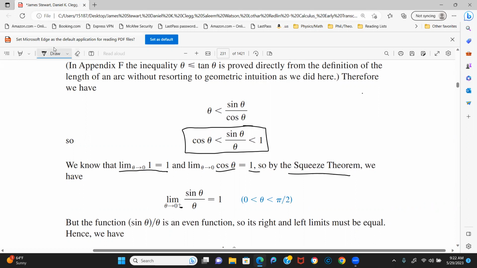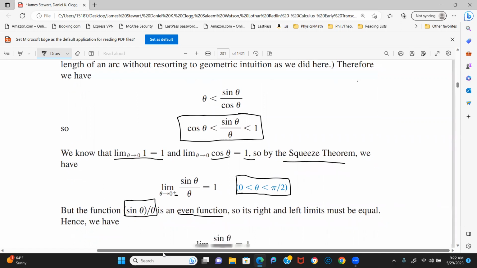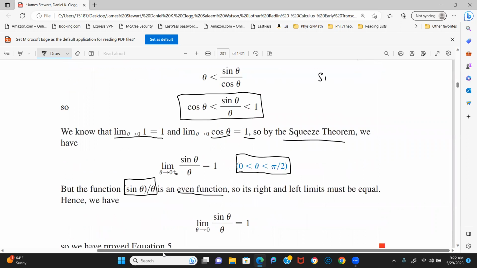And the reason why it's a right-hand limit is because remember, we assumed that x is between 0 and pi over 2, but that's not a problem. The reason why it's not a problem is because this function here just so happens to be an even function. So if you do sine of negative theta over negative theta, you replace theta with negative theta.